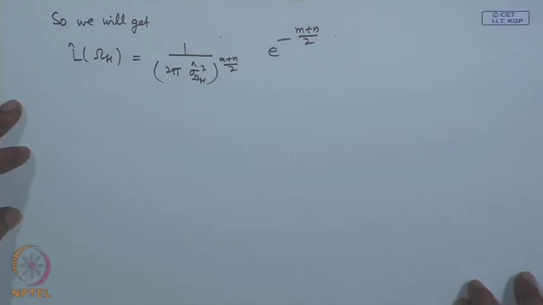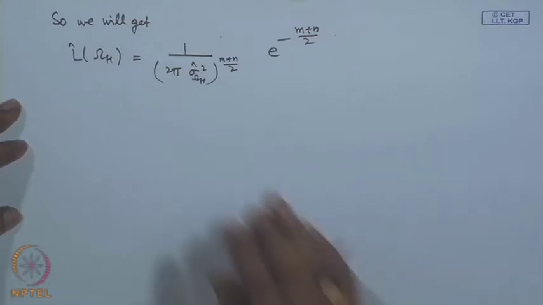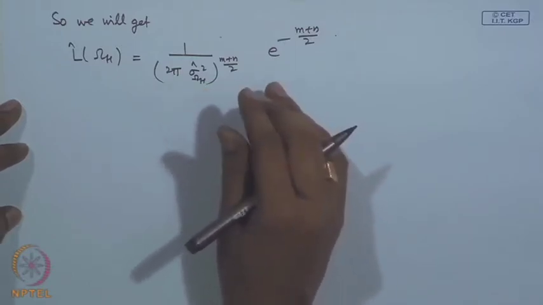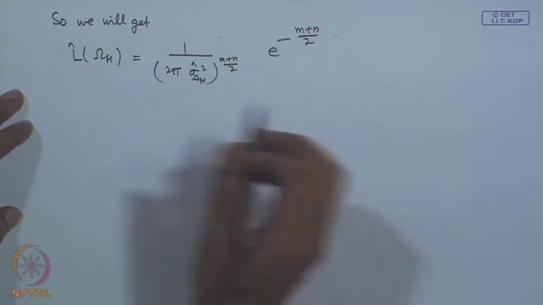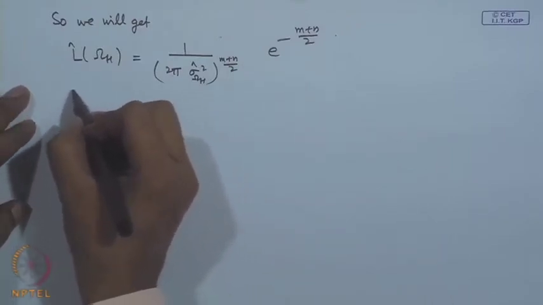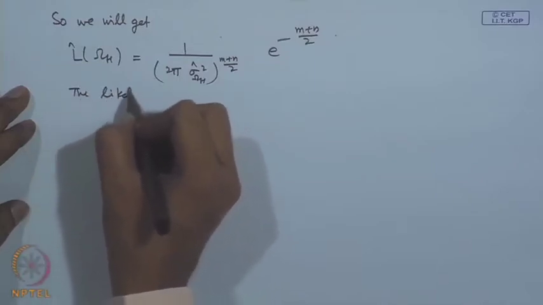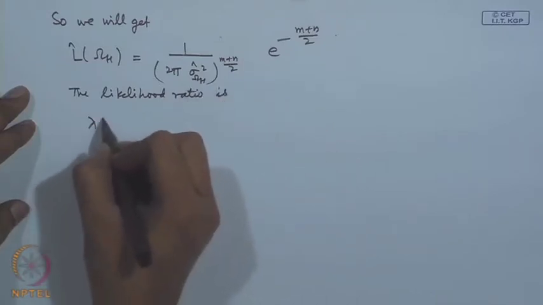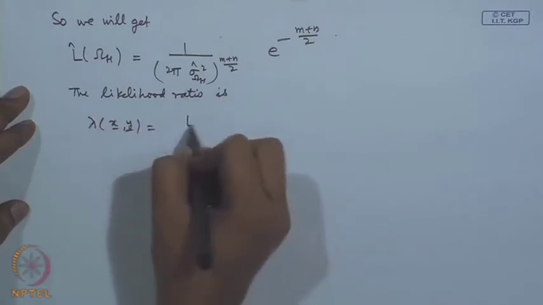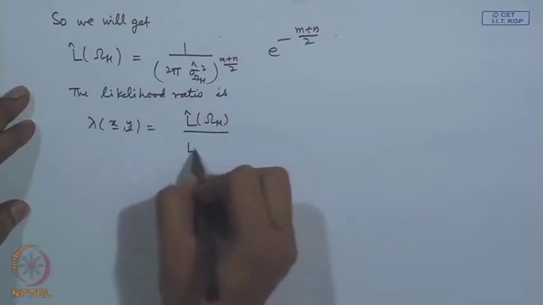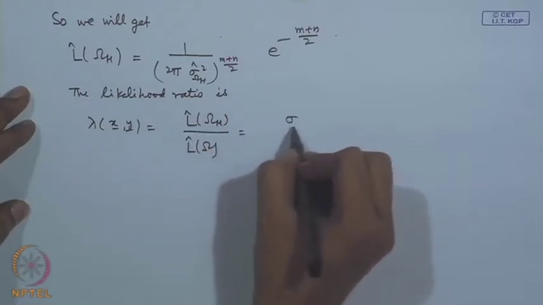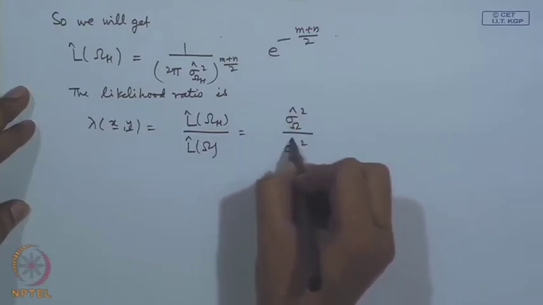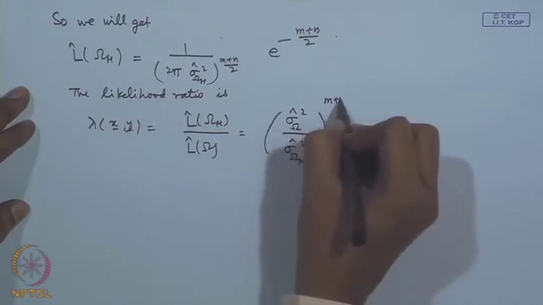Now, we have obtained the maximization over the null hypothesis parameter set. We have also derived L head omega, that is the maximization over the full parameter set. So, the likelihood ratio, that is lambda x y, is L head omega h by L head omega, that will become sigma omega head square divided by sigma omega h head square to the power m plus n by 2.